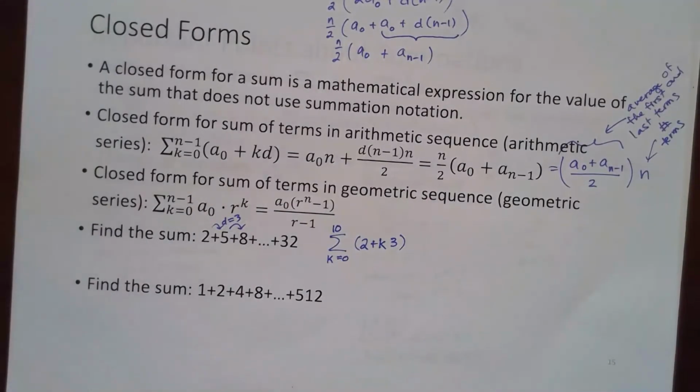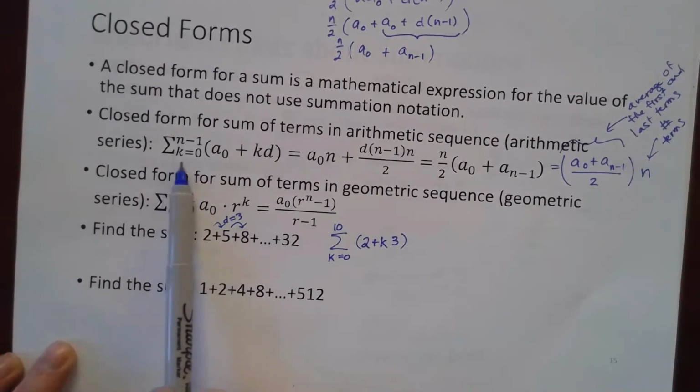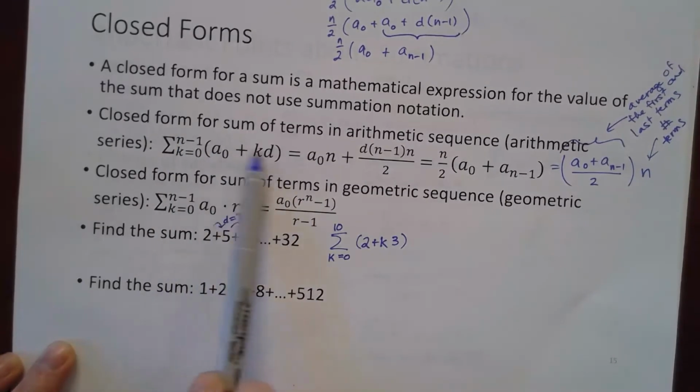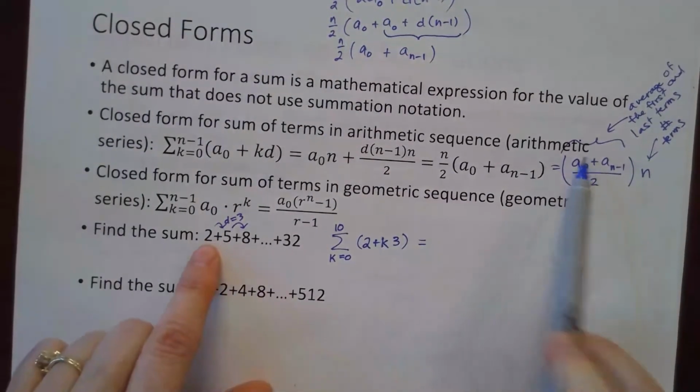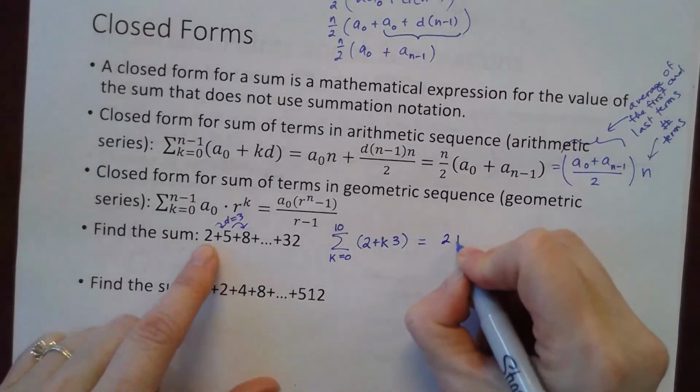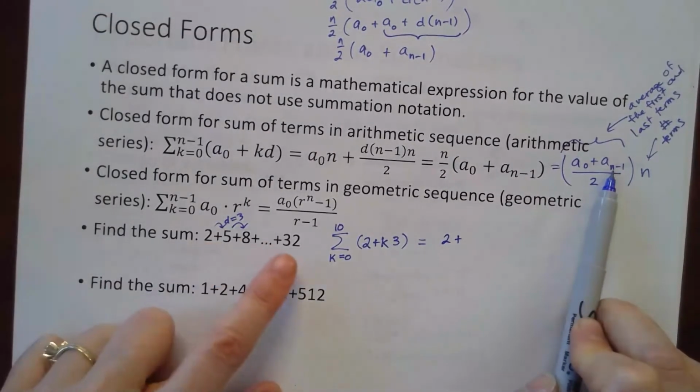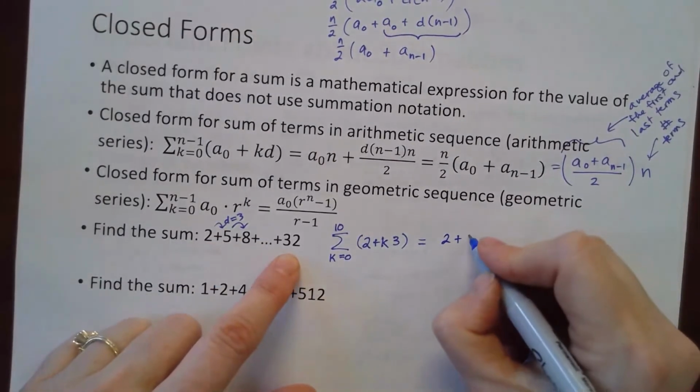So it's definitely in this form: k equals 0 to some number of the values from an arithmetic sequence. Using our intuitive formula, we'll look at the first term in the sequence, which is 2, plus the last term in the sequence, which is 32.